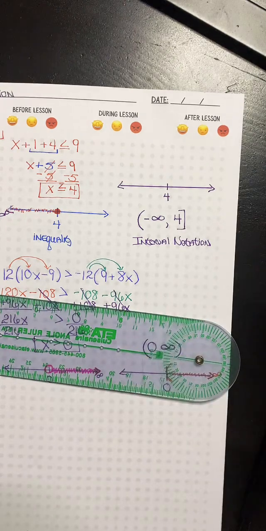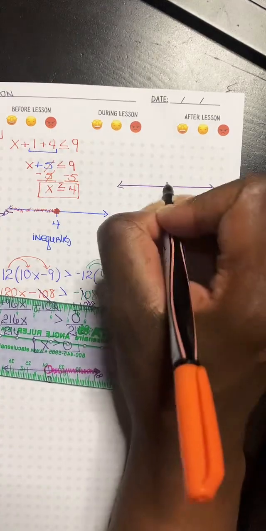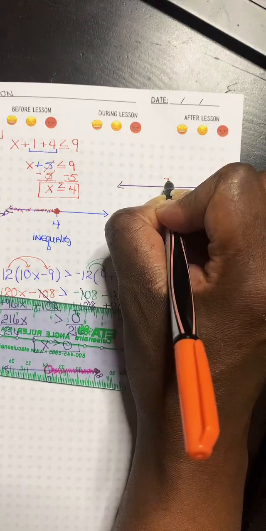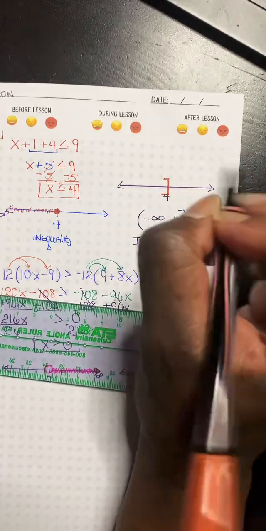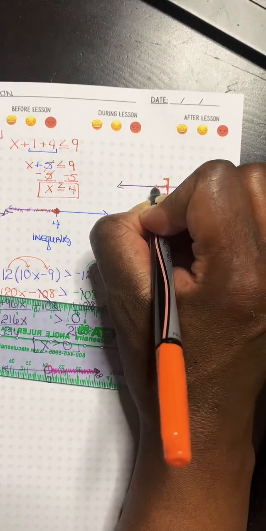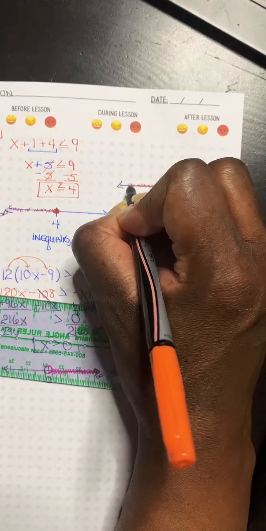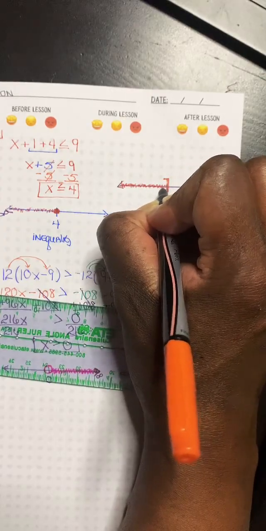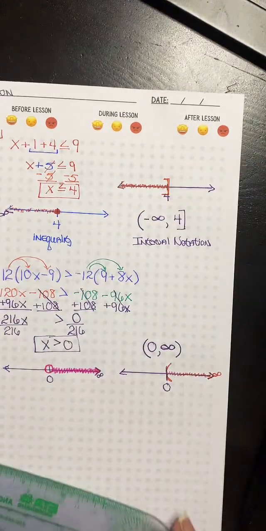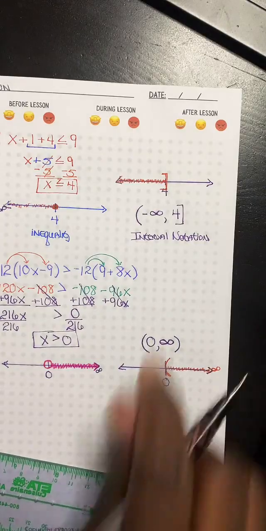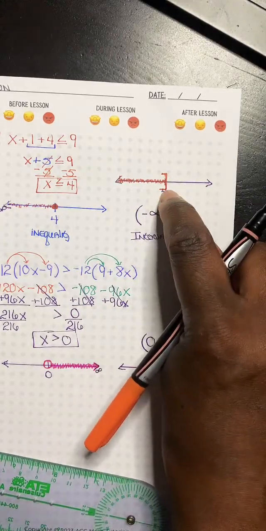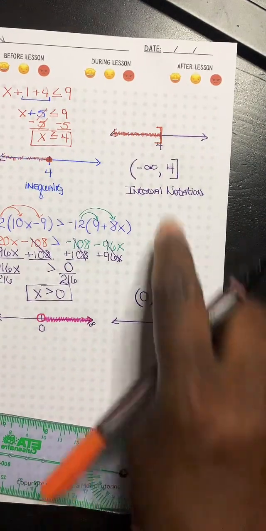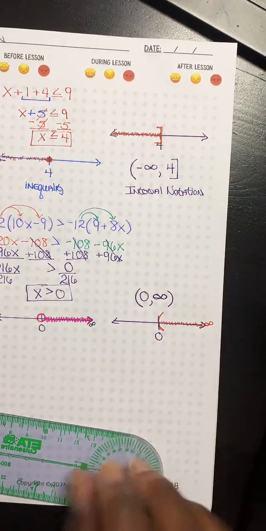So the way that I would graph that, again, I'm going to graph the bracket and open to the way that I'm going to shade. And we went all the way down to negative infinity. Okay, so you always open whatever is a bracket or a parenthesis toward the way that you're going to shade.